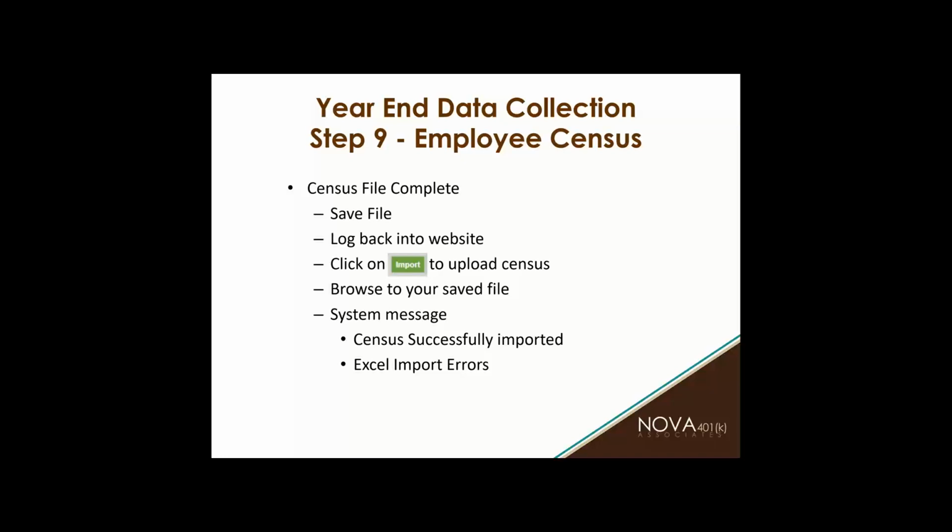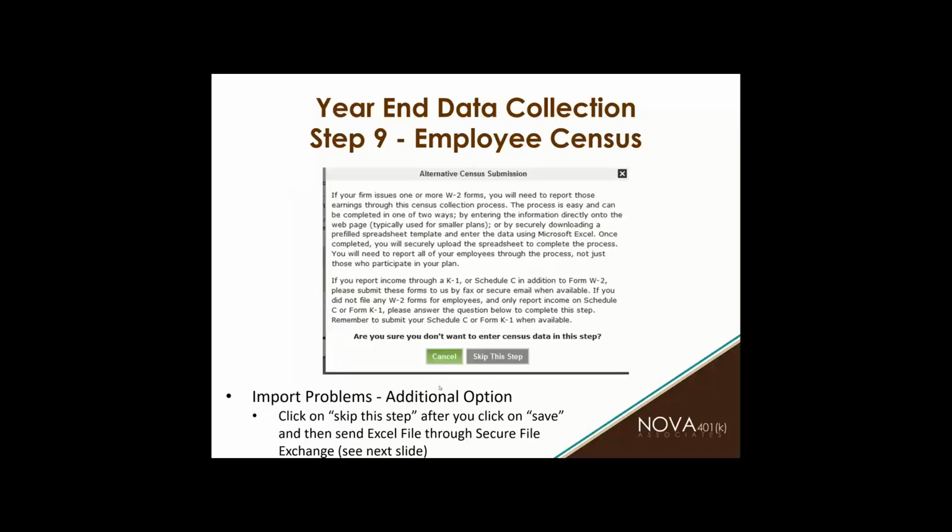And so it'll usually tell you what that error is, but if you just aren't sure, there's another way you can get the census data to NOVA if you're having issues importing, because you keep getting errors, not just warnings. If you keep getting errors where it will not accept the import, you might get this pop-up if you try to hit save on the employee step.